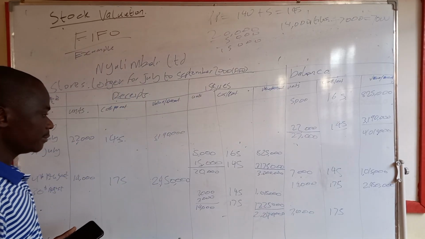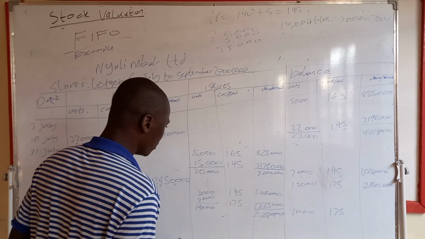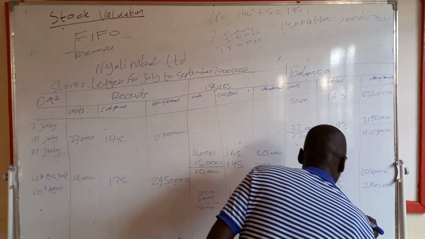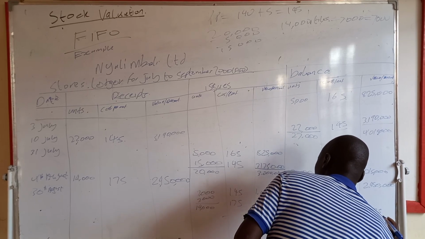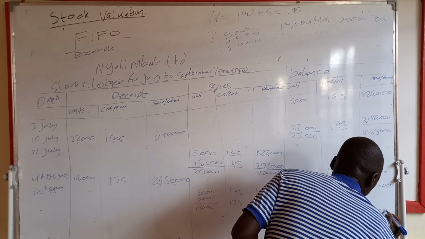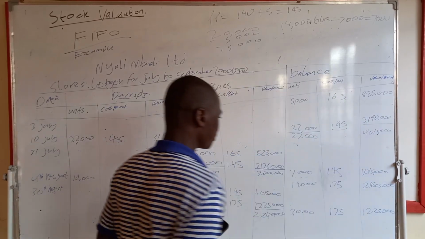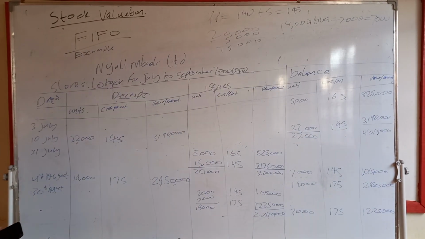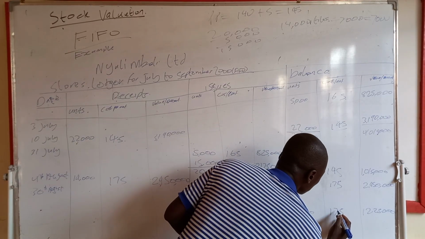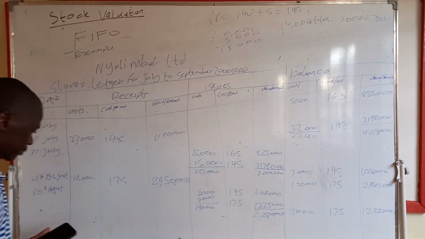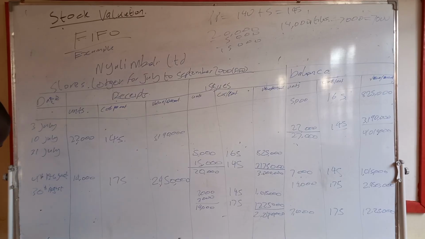So this gives you 2,225,000. That's what remains in your store.